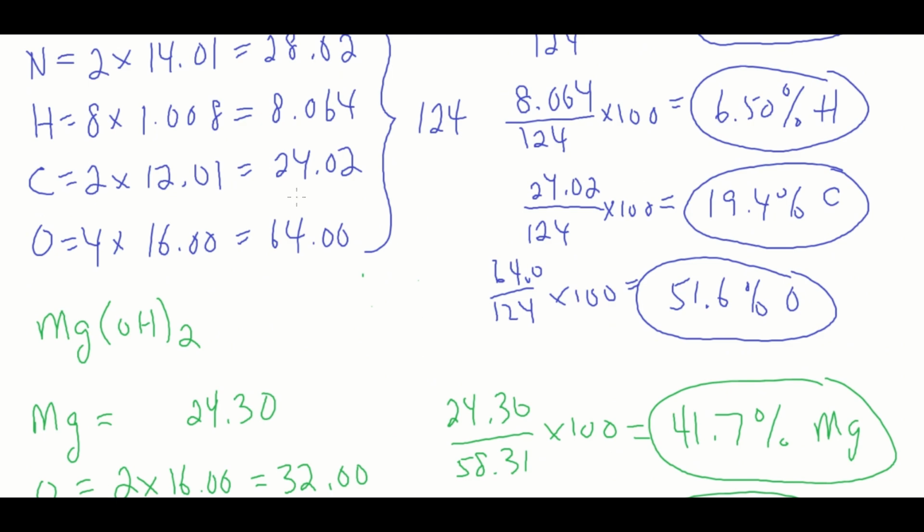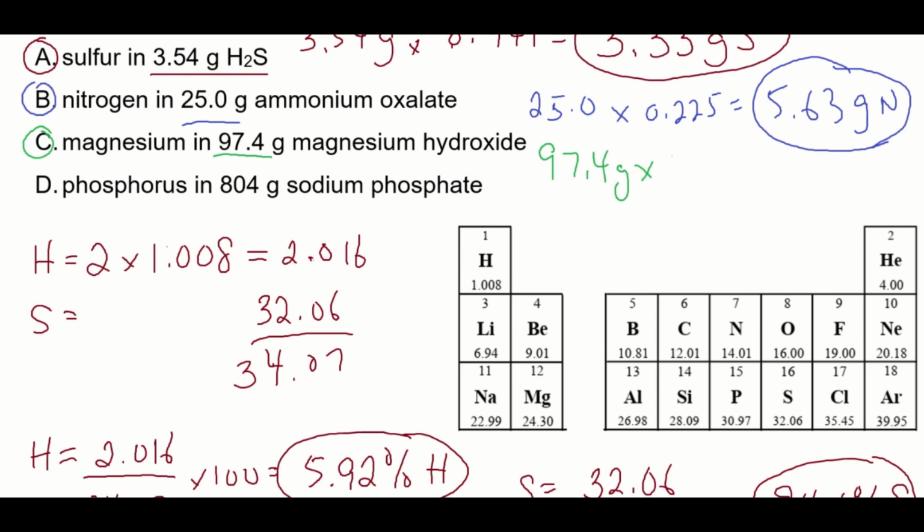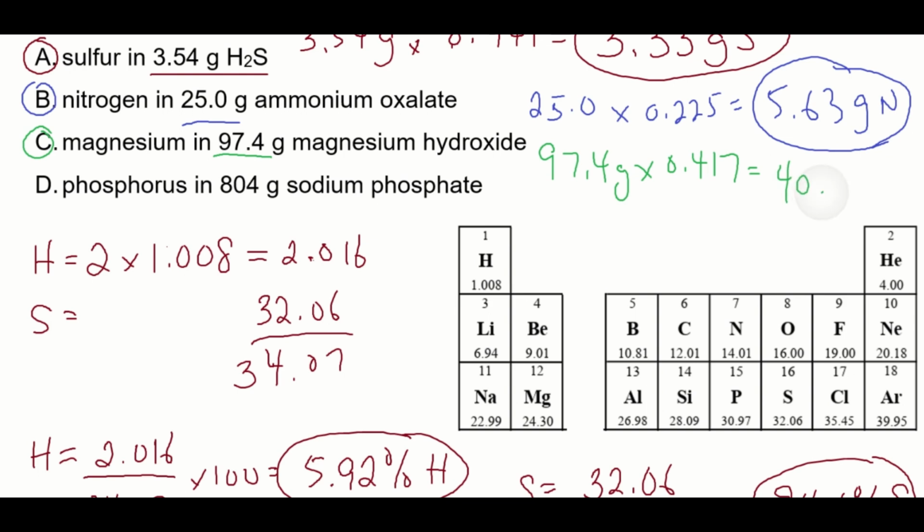So magnesium component was 41.7%. So 40.6 grams is magnesium.